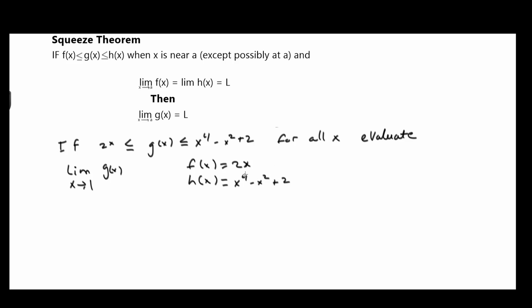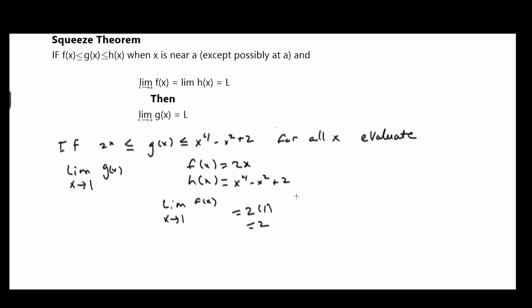We can find the limit for both of these functions with our a value at 1 and see if they're equal to each other. So the limit for f of x is going to be equal to 2 times 1, which gives us an answer of 2.